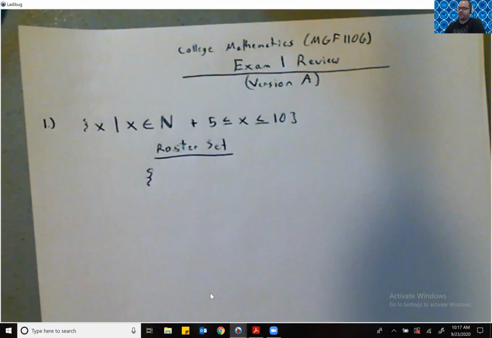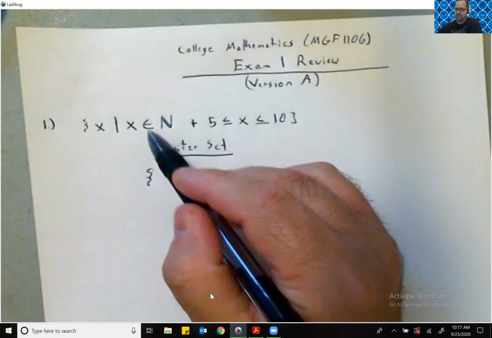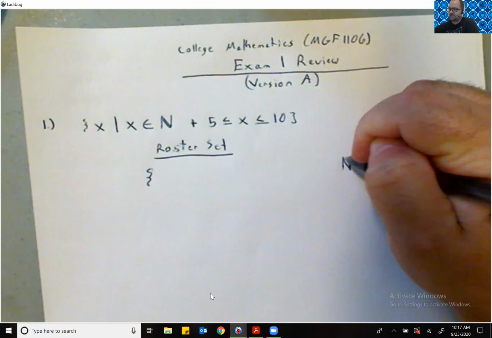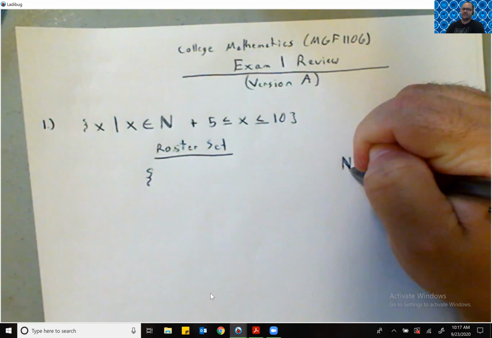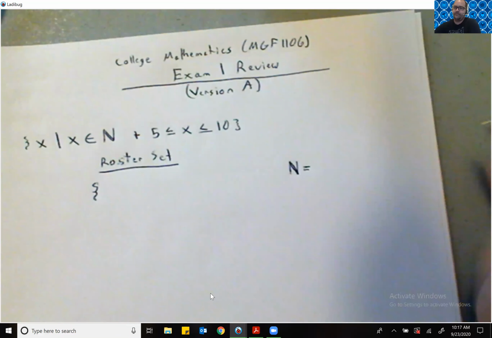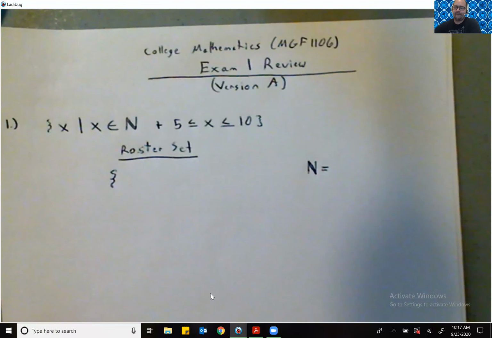There are a couple things we need to talk about. What does this symbol mean? There's this capital N, kind of bold like. What does that mean? Anyone can answer.